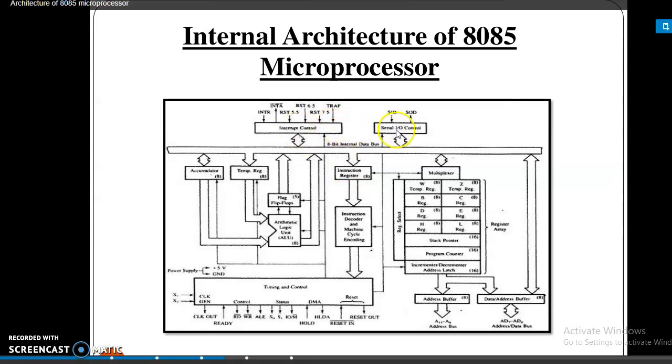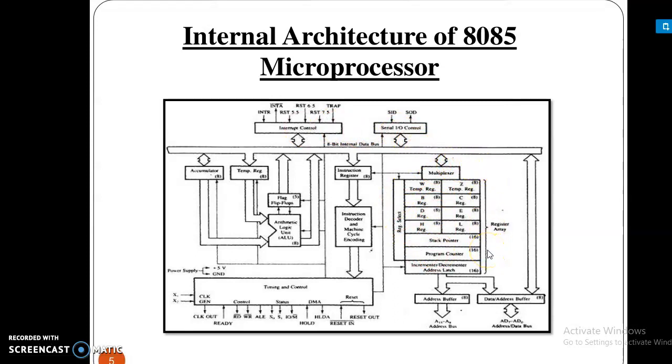And then here is the main important thing in 8085: the registers. There are 6 general purpose registers. These registers can be combined as B, C, D, E and the HL pair.